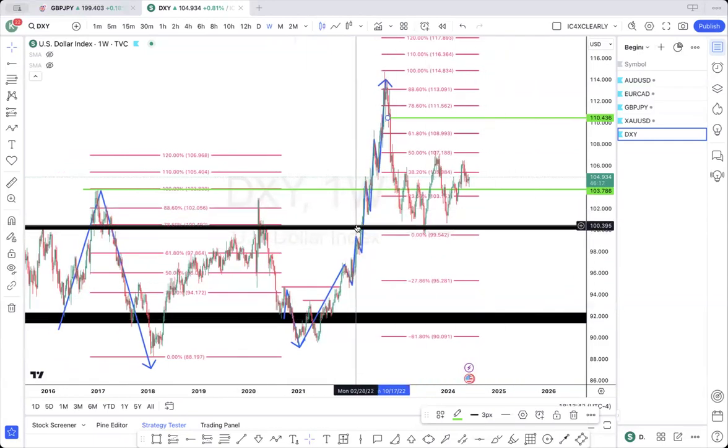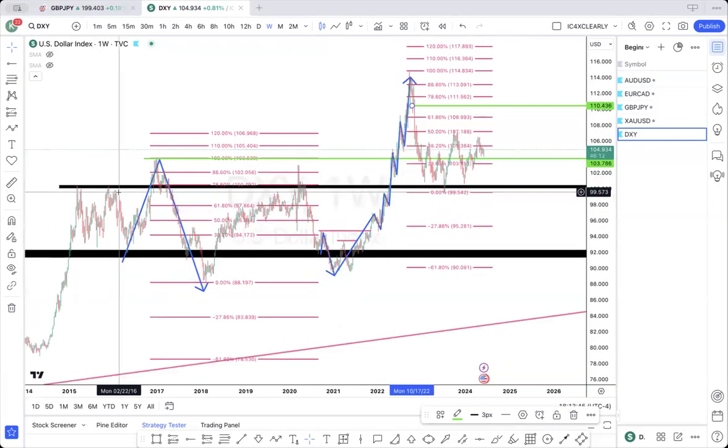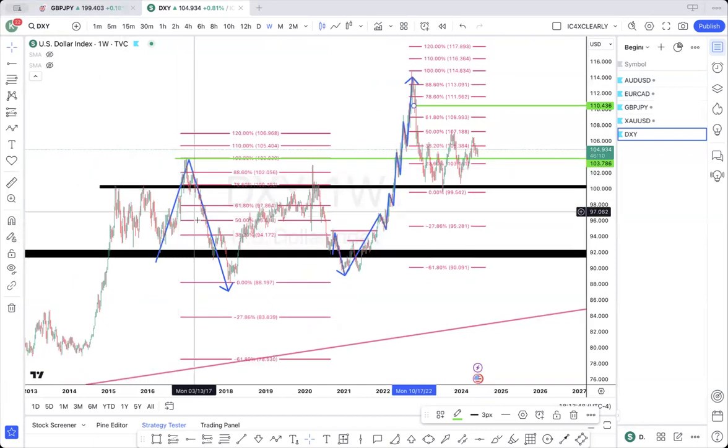So to answer your question, Kai, you would still be looking for price to, because this was our last swing, this push up, this was our last swing. So we're still waiting for price to break this high.